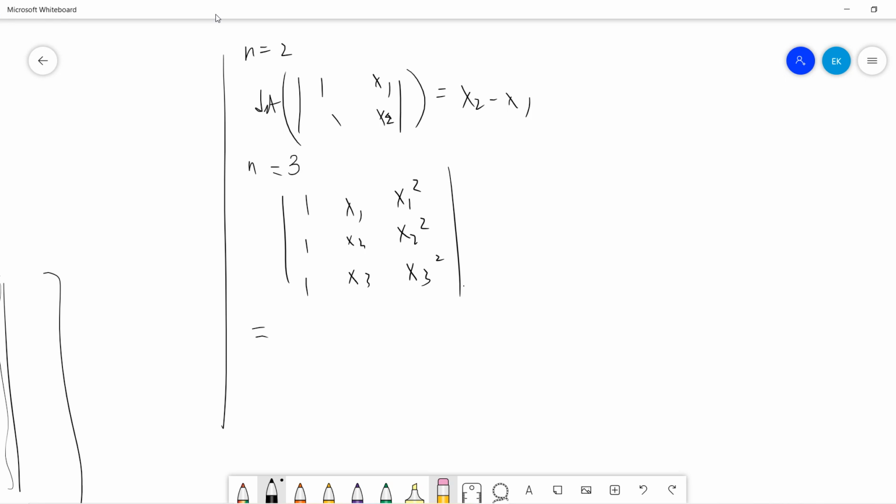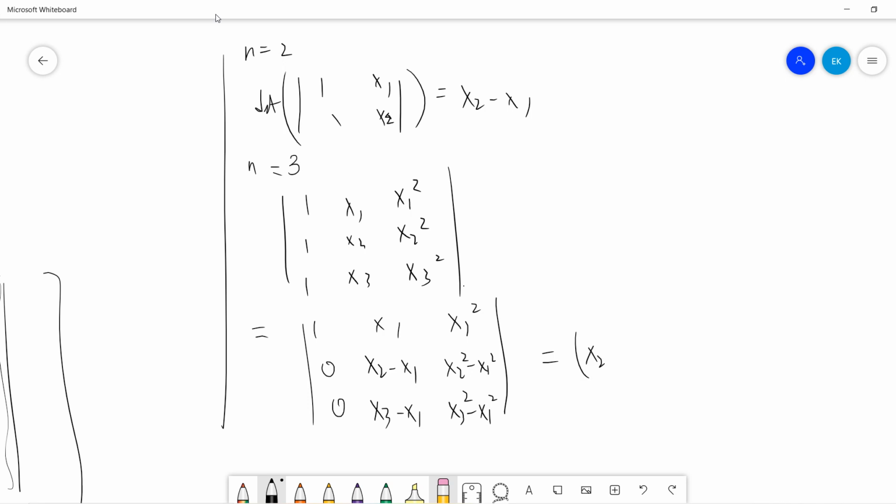One can easily do row operations: you can multiply by -1 and add it to the second row. So you get 0, x2 minus x1, x2 square minus x1 square, and you do the same thing for the third row.